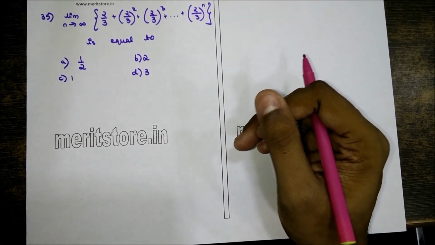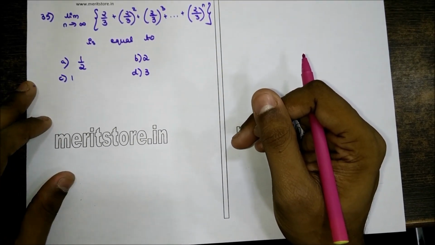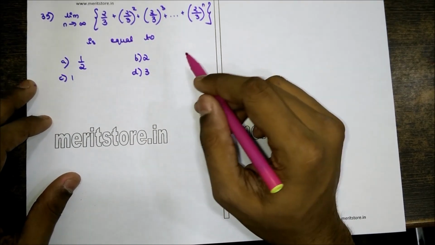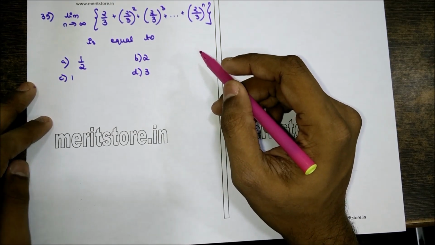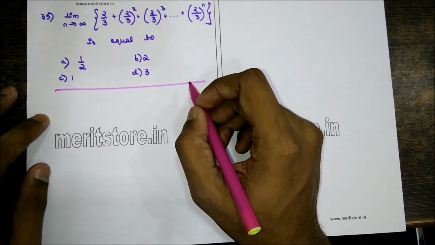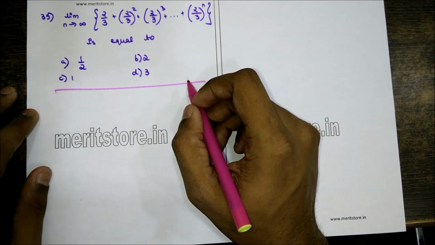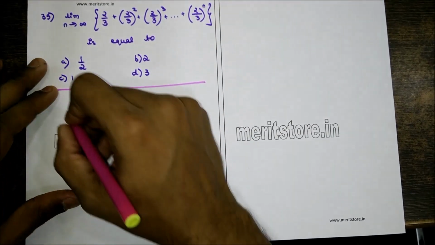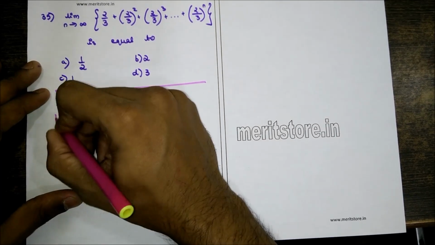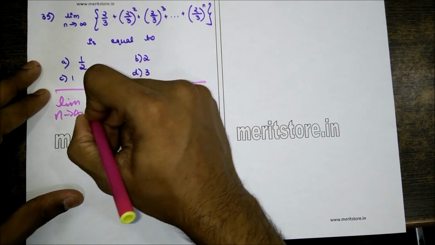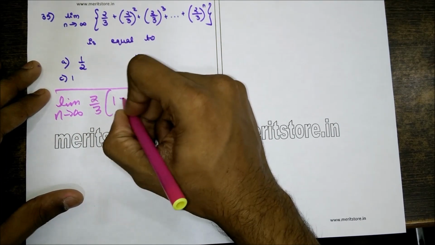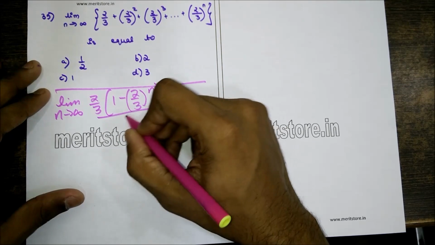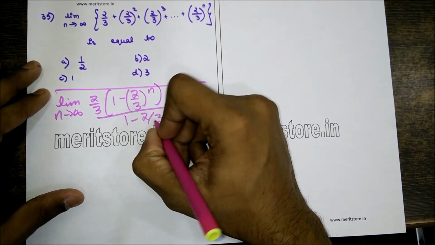Limit of n tends to infinity 2 by 3 plus 2 by 3 square plus 2 by 3 cube and so on till 2 by 3 raised to n is equal to: a) 1 by 2, b) 2, c) 1, or d) 3. So therefore we could write this as limit of n tends to infinity 2 by 3 into 1 minus 2 by 3 raised to n upon 1 minus 2 by 3.